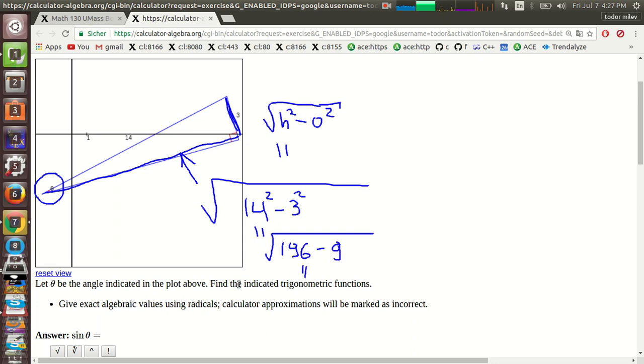So that equals, let's see if I'm not mistaken, 187. Am I correct there? 187 plus 9 is 196, so radical of 187. Okay, so our leg is a radical of 187.